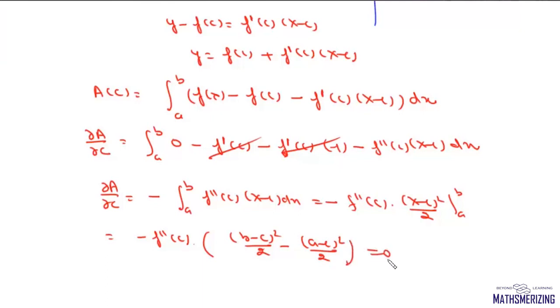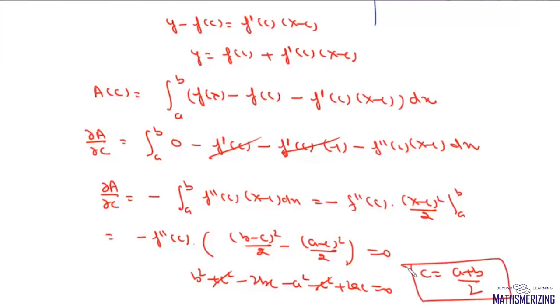Now we'll put it equal to 0 to get our critical point. It will be b square plus c square minus 2bc minus a square minus c square plus 2ac equals 0. The c square will get cancelled. So here we'll get the value of c as (a plus b) by 2. So this area will have its critical point when the value of c is (a plus b) by 2.